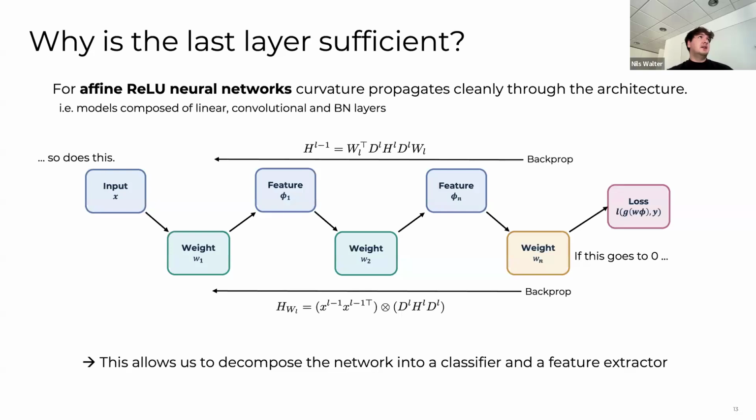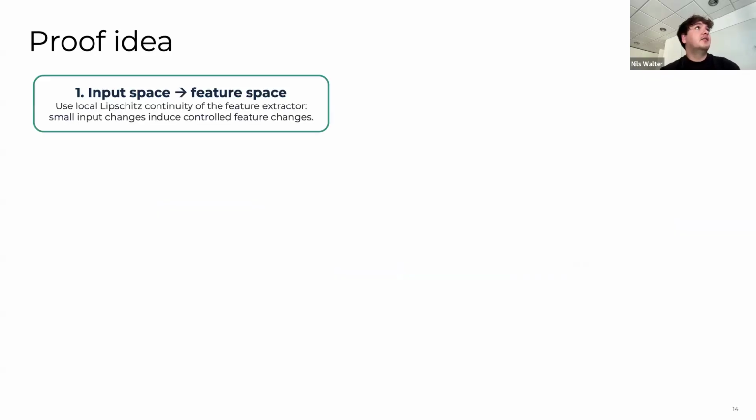Okay. With that, we already come to the proof idea. And from there on, that's intuitively quite simple. Technically, it's a bit annoying because you have very big terms and Taylor decomposition and such. But the basic idea is that you go from the input space to the feature space. Use typical assumptions like Lipschitz continuity of the feature extractor, such that small changes in the inputs induce a somewhat controlled feature change.